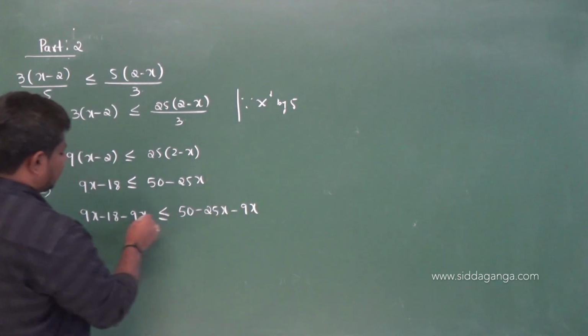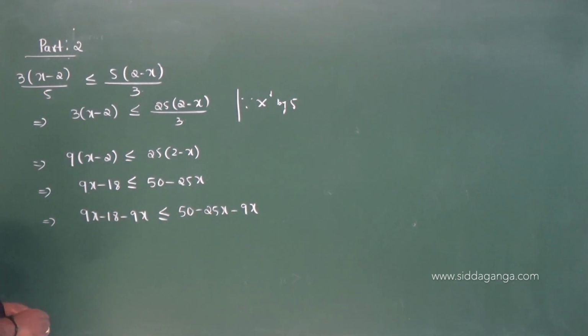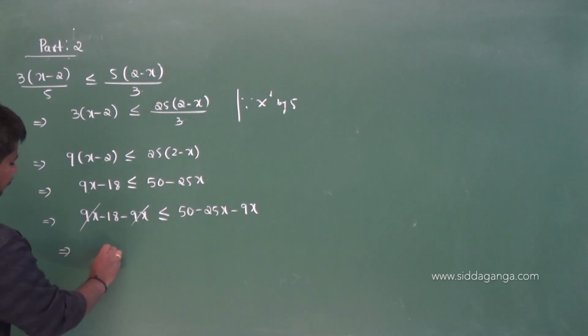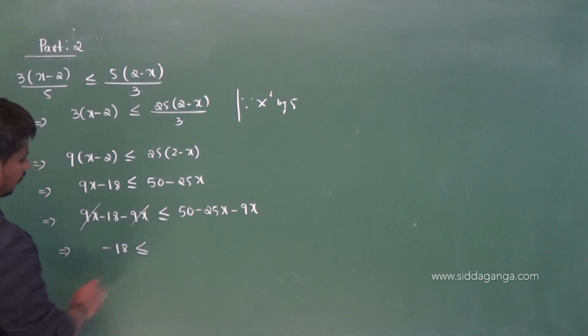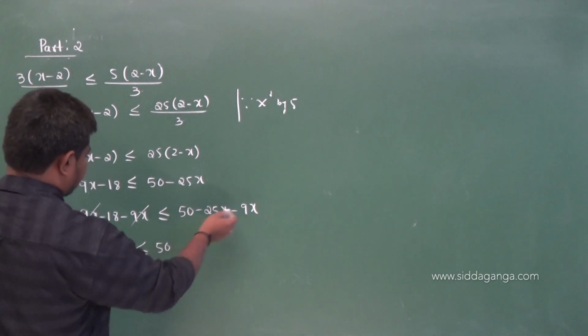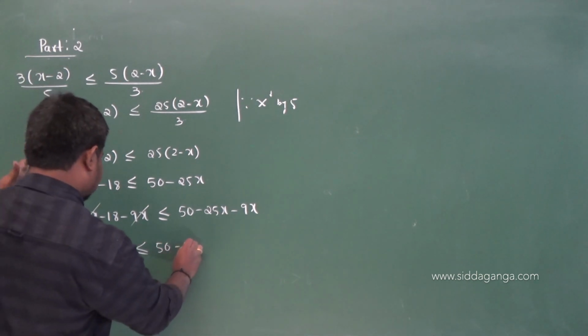Okay, now what happens? Minus 18 less than or equal to 50 minus 25x minus 9x, minus 34x.